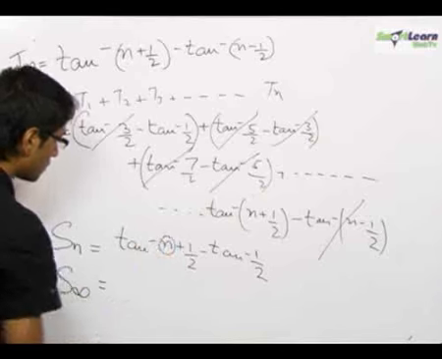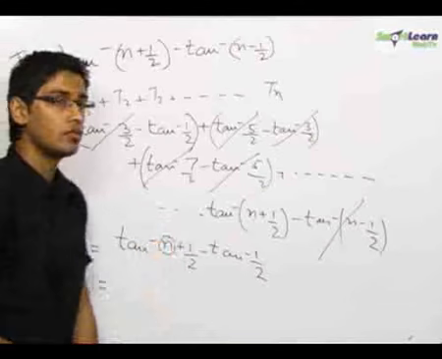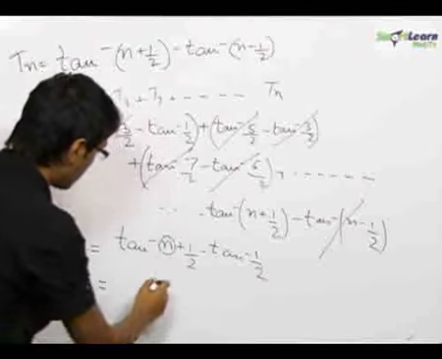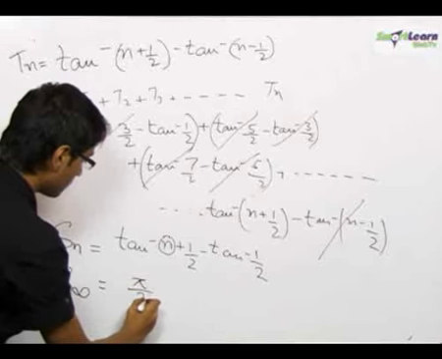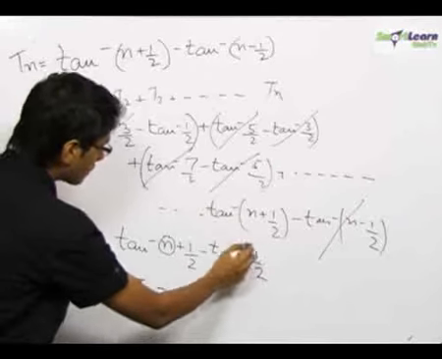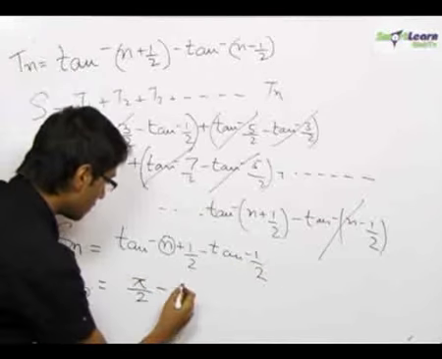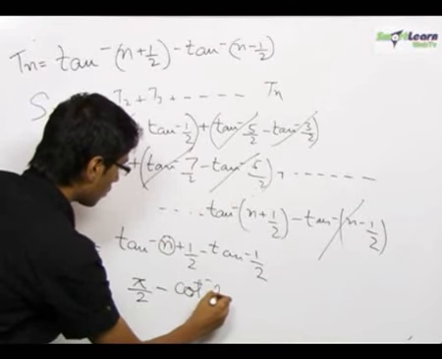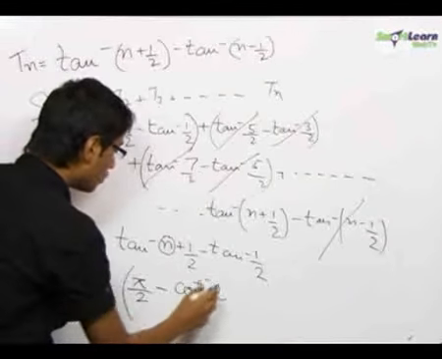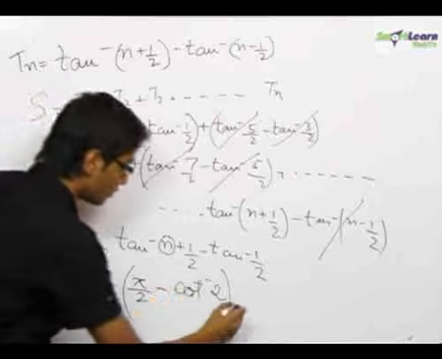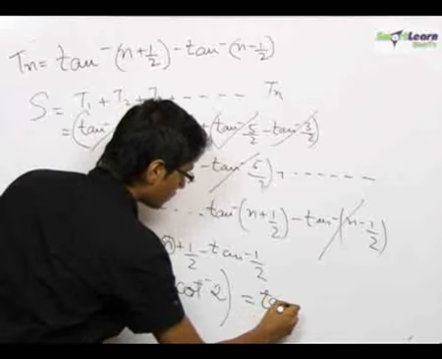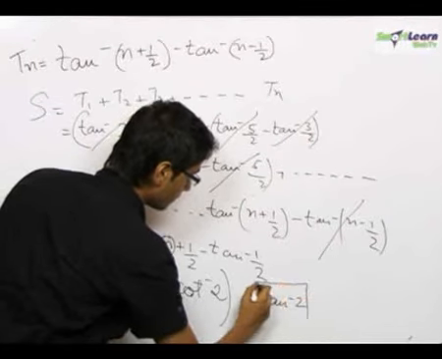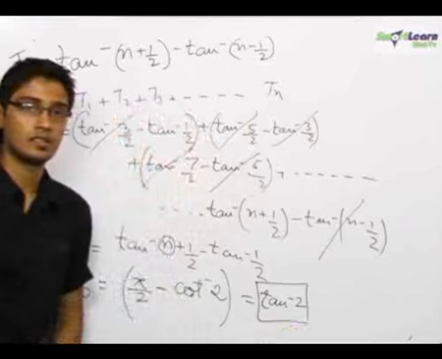So putting n equals infinity, this becomes tan inverse of infinity, and we know that tan inverse of infinity is pi by 2, and this tan inverse of x we can write as cot inverse of 1 by x. So this becomes cot inverse of 2, and we know that pi by 2 minus cot inverse 2 is equal to tan inverse 2, which is our final answer.